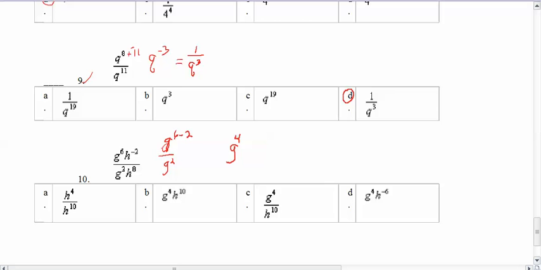Okay, with my H, I'm going to take the negative h to the bottom, so I have an h to the 8th here, and I'm going to bring that h to the 2nd down to the bottom, making it positive. Now I have h to the 8th, h to the 2nd at the bottom of my fraction, so it's h to the 10th. And I look at my choices, and I see g to the 4th, h to the 10th.